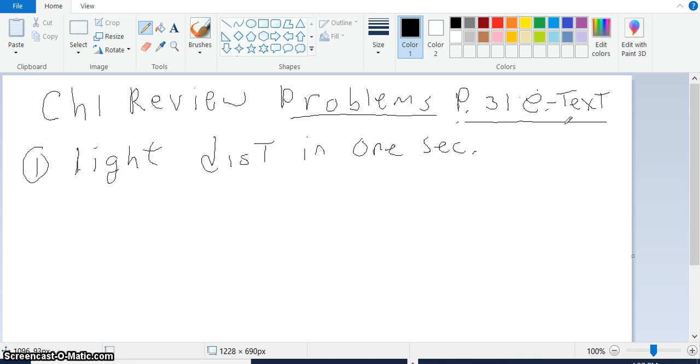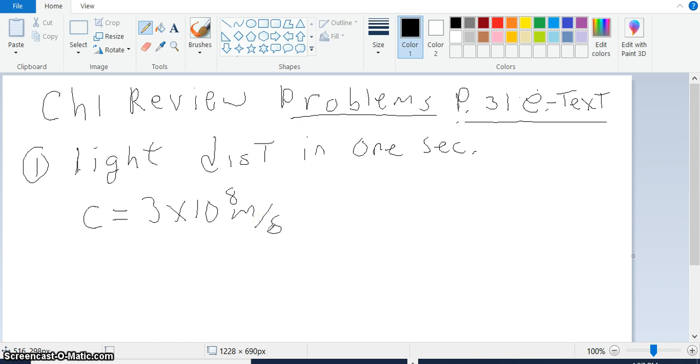So the basic idea is this, right? The speed of light is given the symbol c, and so c is 3 times 10 to the 8th meters per second. So that's a constant speed, right?